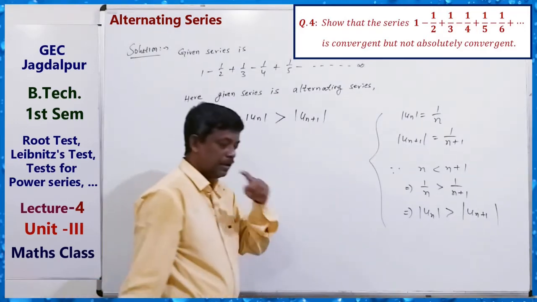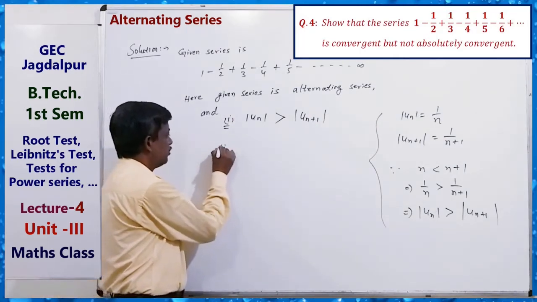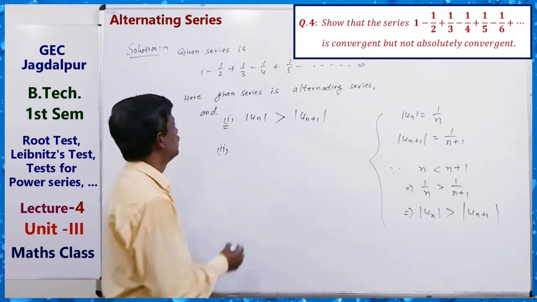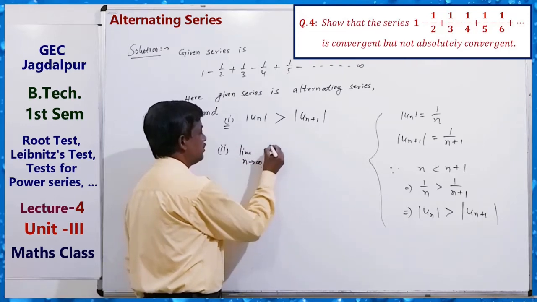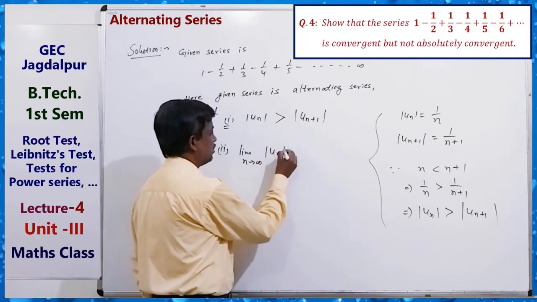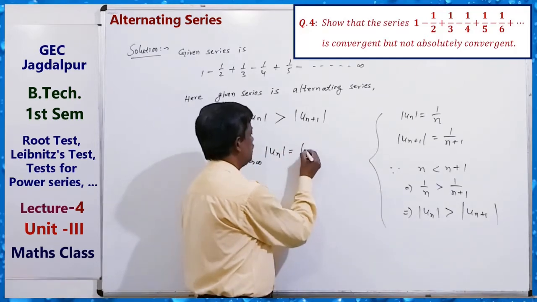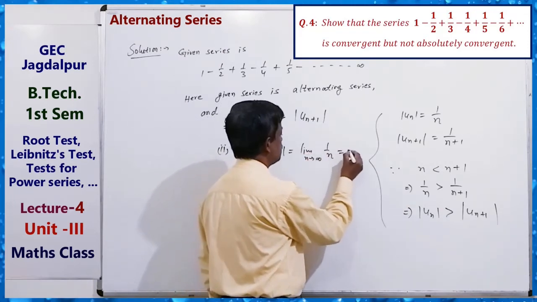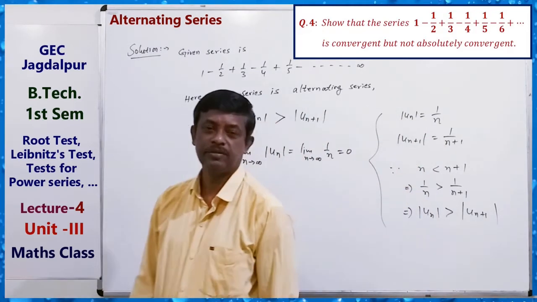And second, for the Leibniz test for alternating series, the limit as n tends to infinity of mod un, that is, the limit of 1 by n, equals 0. Clear?